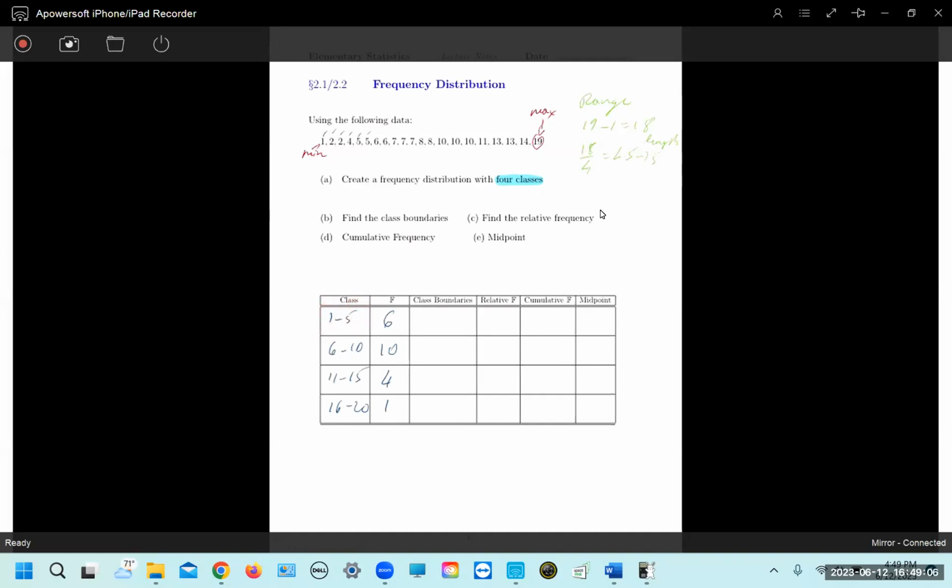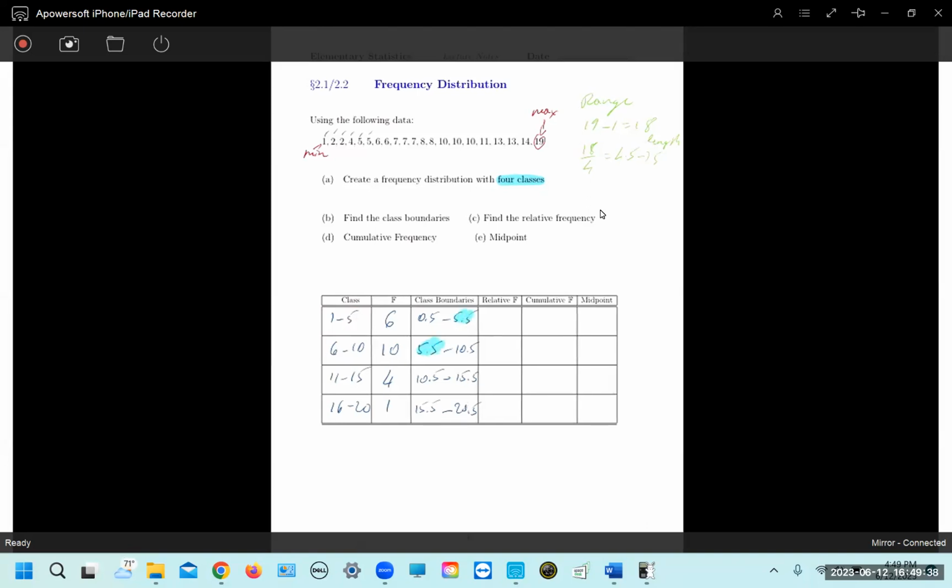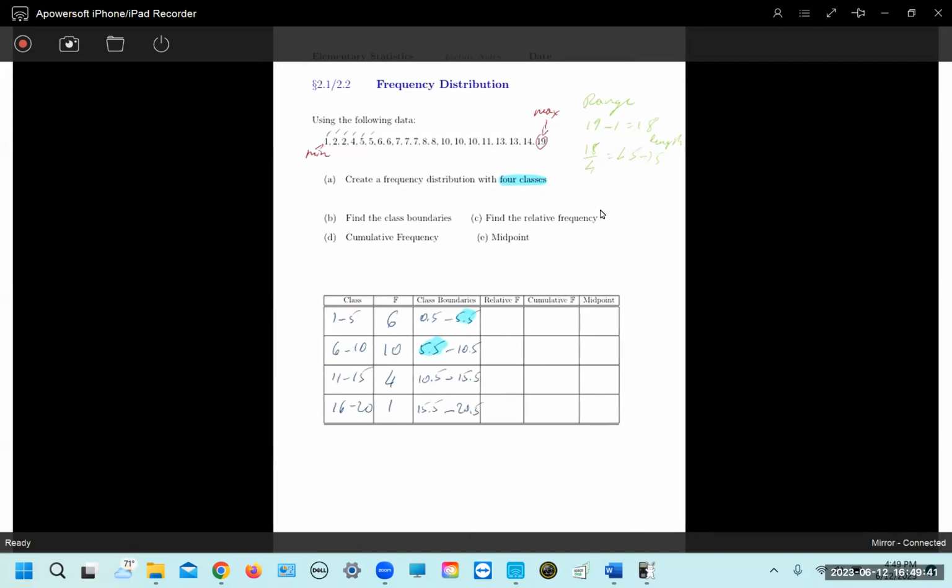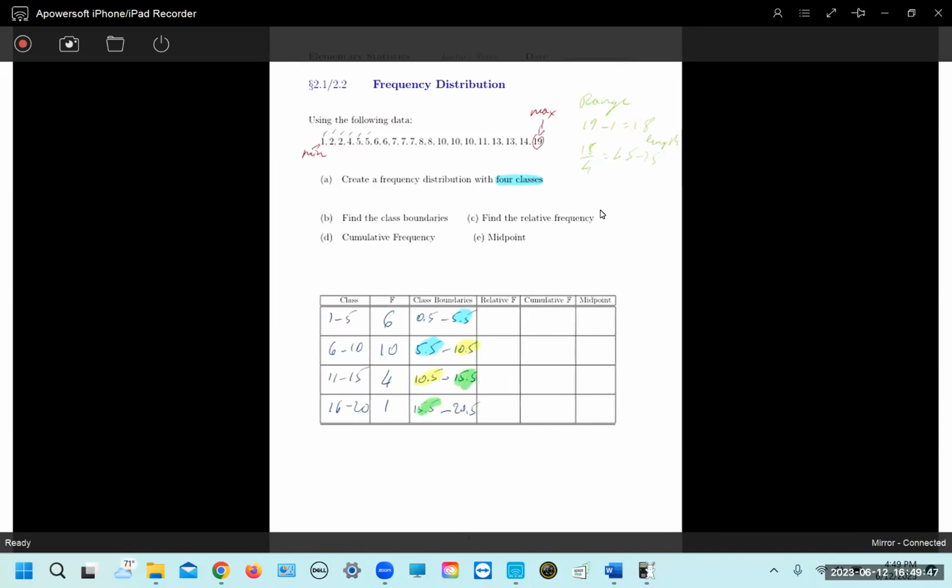So we have 0.5 to 5.5, 5.5 to 10.5, 10.5 to 15.5, and 15.5 to 20.5. That's how the class boundary works.